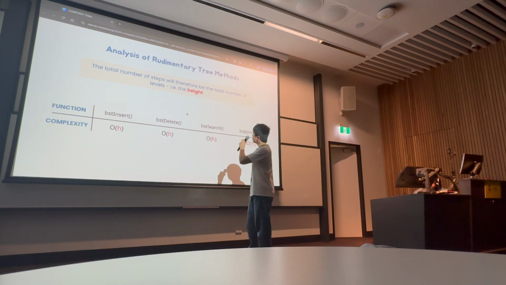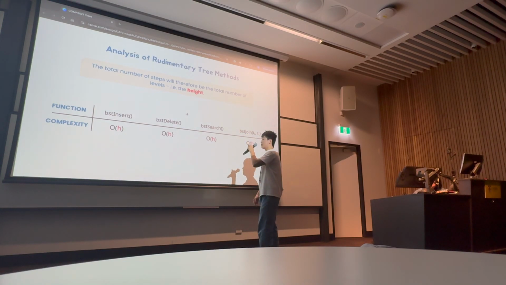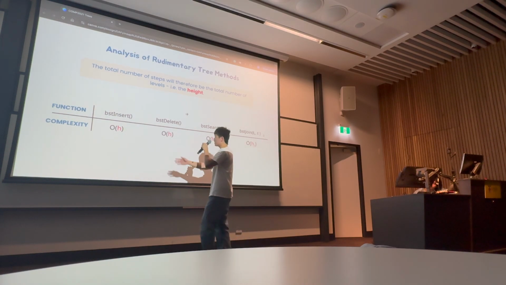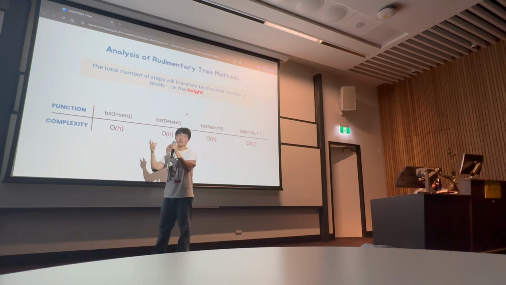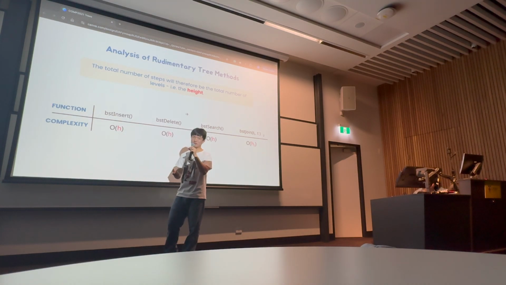Now, the problem with a normal binary search tree is that while the time complexity of O(h) is usually log n, let's say, for example, that the tree was imbalanced.